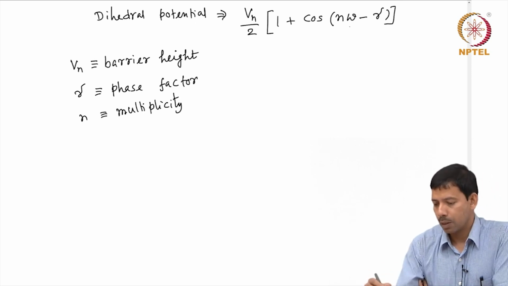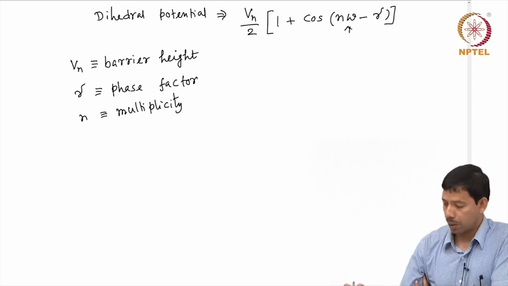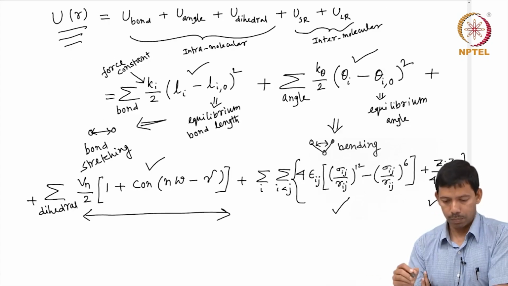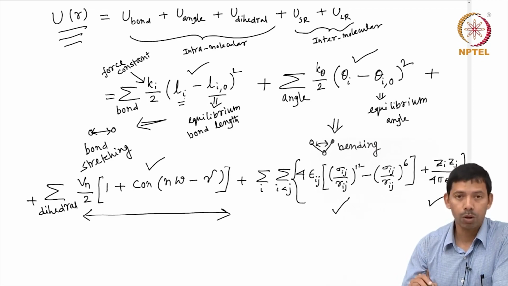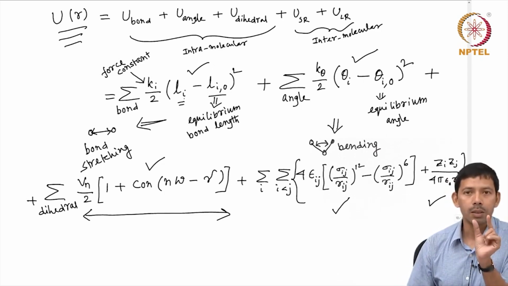And here omega is basically the instantaneous value of the dihedral. One thing I should have mentioned here is that Li0 is the equilibrium bond length, whereas Li is the instantaneous value of the bond, which means that the bond is basically stretching and compressing.